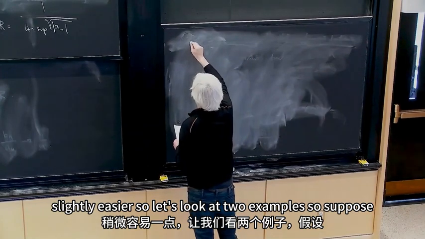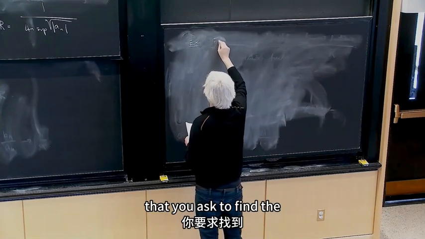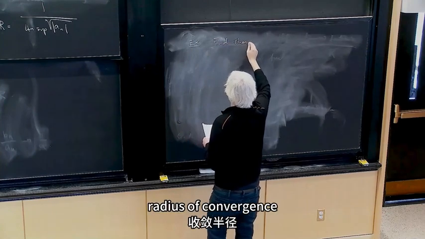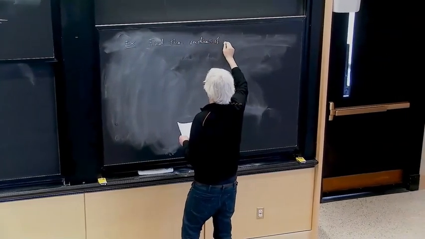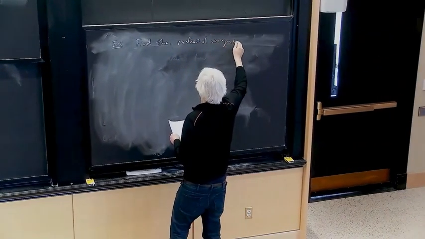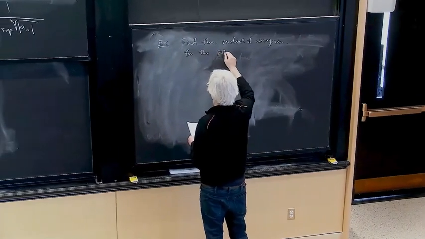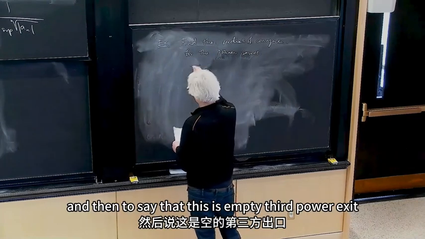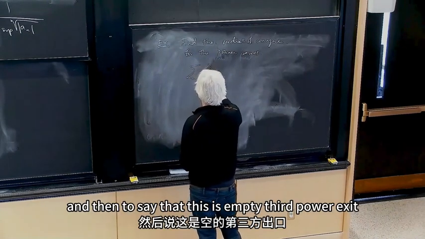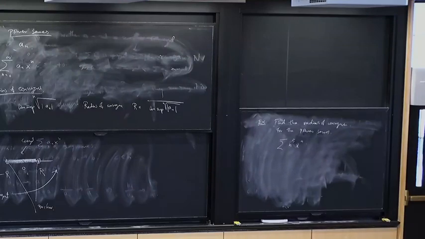So suppose that you are asked to find the radius of convergence for the power series, and let's say this is n to the 5th power times x^n. Suppose this is the power series you're given.